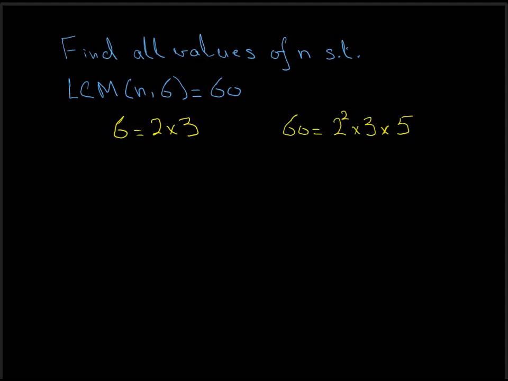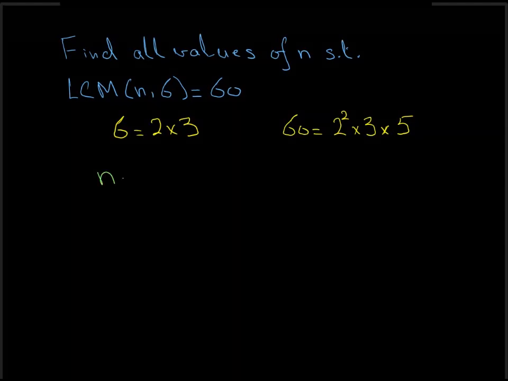So now let's think about what n can be. Now here's a potential for n. n can be equal to 2 into 5. Can it be 2 into 5? So let's think about it. Remember, we always pick out the highest power of each of the prime factors.